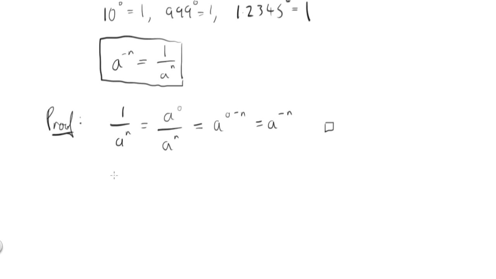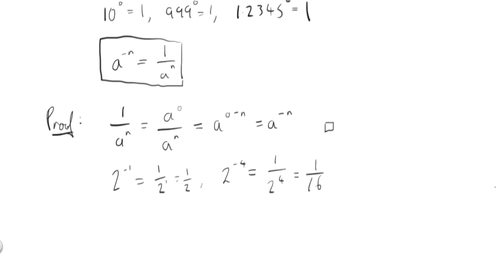So 2 to the power minus 1 is simply 1 over 2 to the power 1, which is actually a half. What about 2 to the power minus 4? That's simply 1 over 2 to the power 4, and 2 to the power 4 is 16. So whenever you have a negative power, you can write that as 1 over the base raised to the positive power.